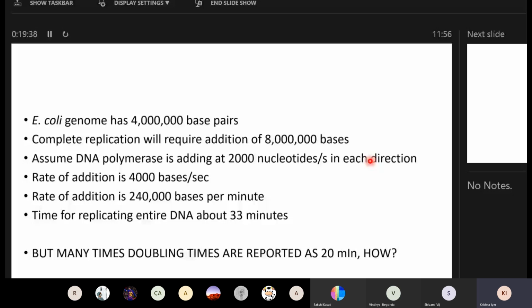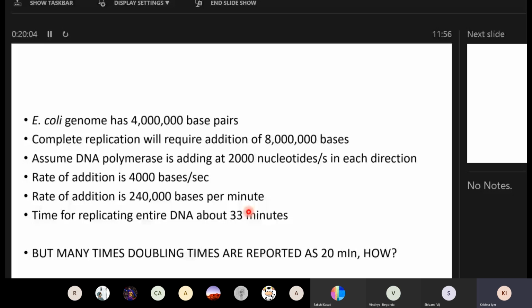So if I divide the number of additions I need by this, I find that the time needed for replicating the entire DNA is about 33 minutes. And this is top speed, where I don't do a lot of turning back or proofreading, assuming everything is going perfectly.